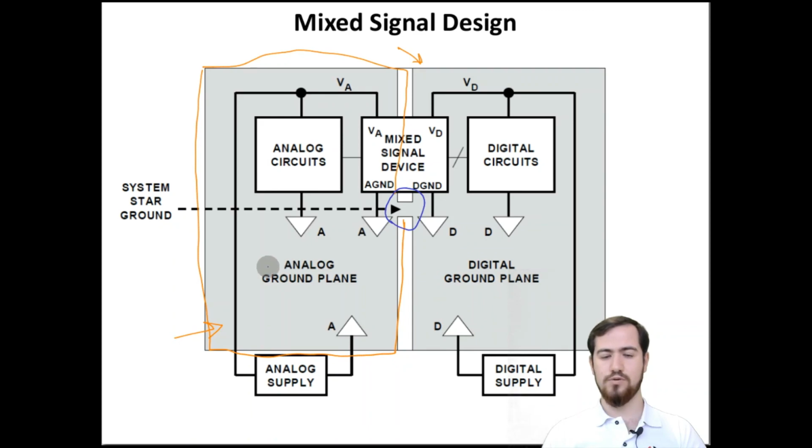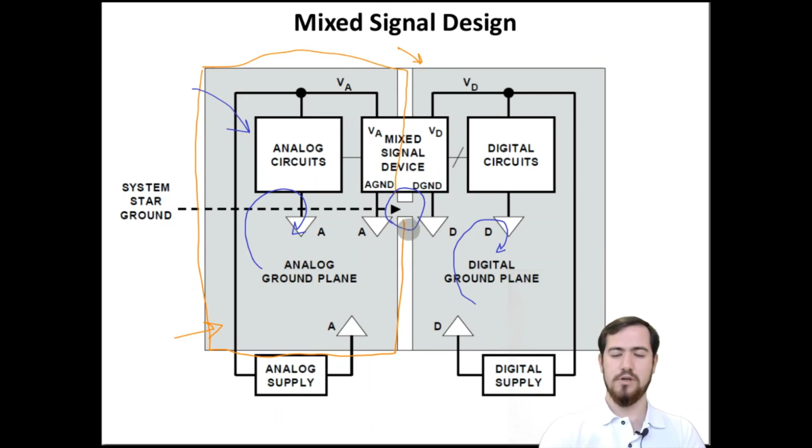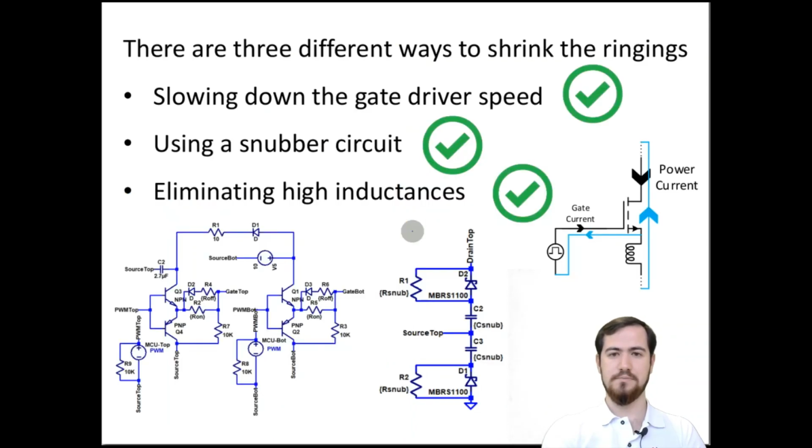It is important to hold the analog currents inside this region, and to have all the digital currents inside this region, and if we mix them with each other, it will distort our analog signal and the digital circuit as well. Our power circuits are actually analog circuits with some strong currents or voltages, and we need to separate them from each other. We can use a tiny connection between them in order to minimize our noise stress.